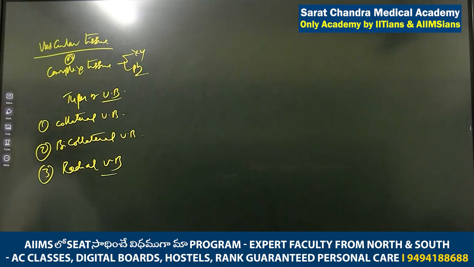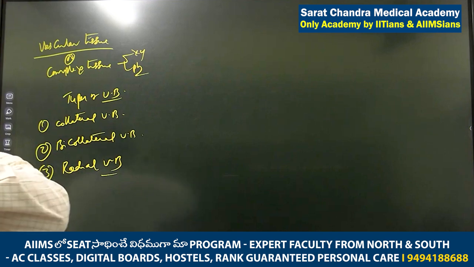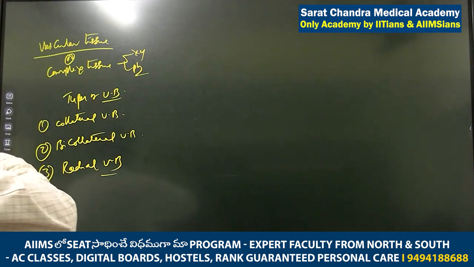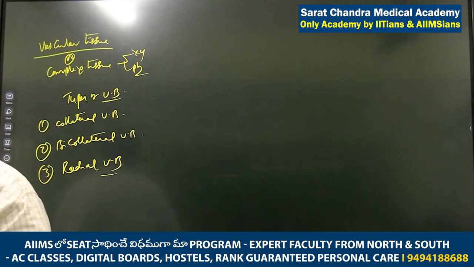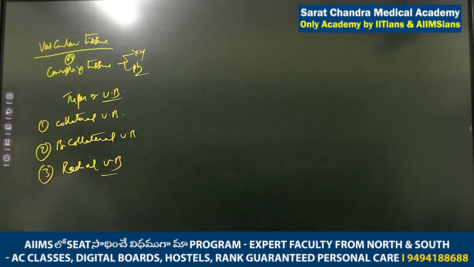What is collateral? In a vascular bundle, the xylem and phloem are arranged one above the other. If they are arranged one above the other, is it on the same radius or a different radius? Same radius. If the xylem and phloem are arranged in a vascular bundle on the same radius, such vascular bundles are called collateral.